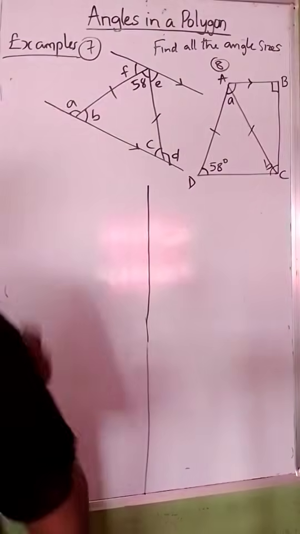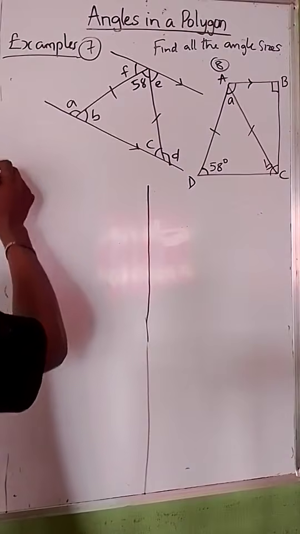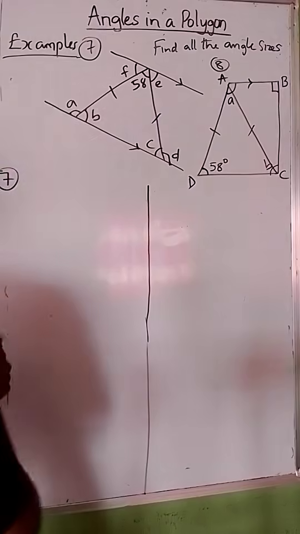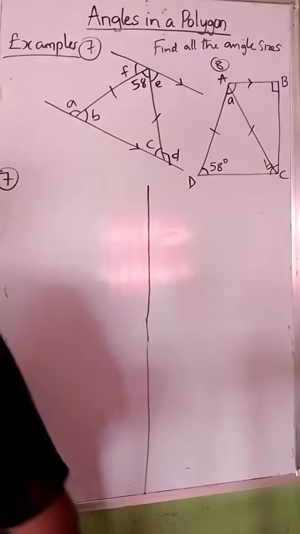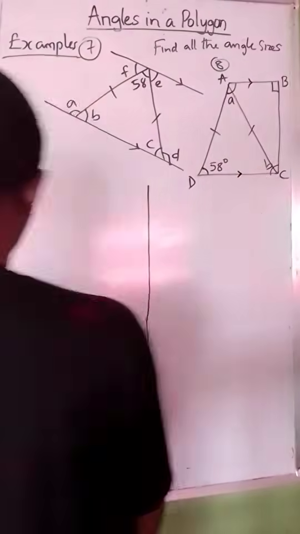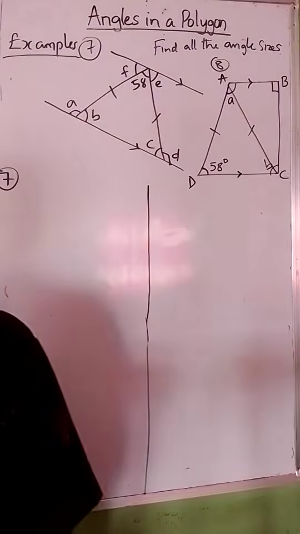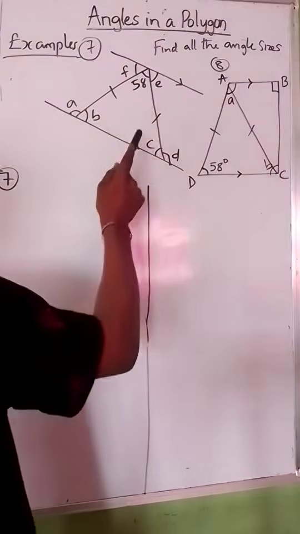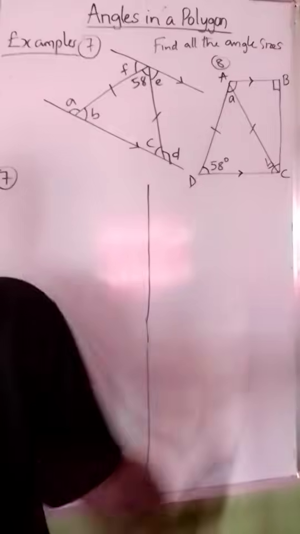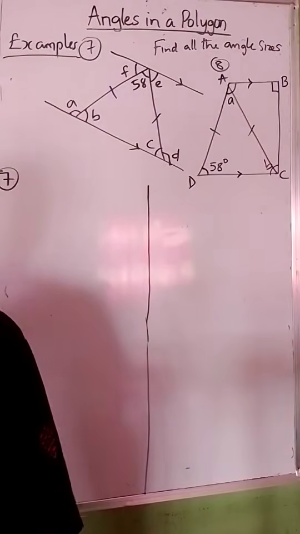All right. So we have another question here, question 7, still on the angles in a polygon. Now remember, I told you every time you see a diagram and you see these arrows, it means that those lines are parallel.